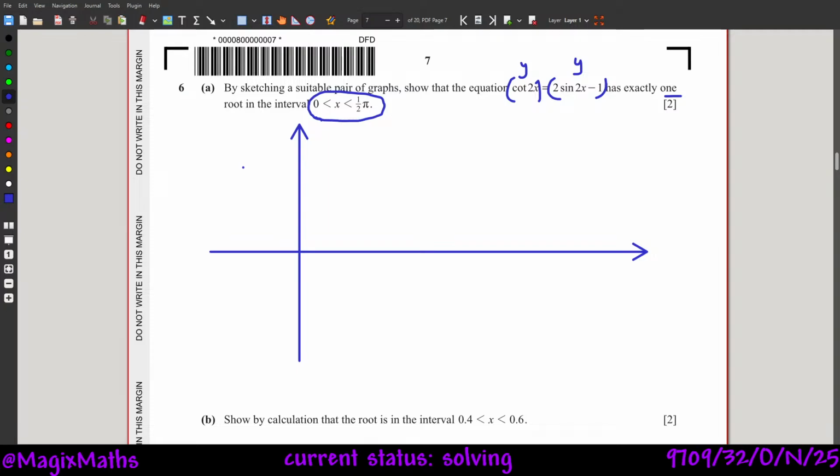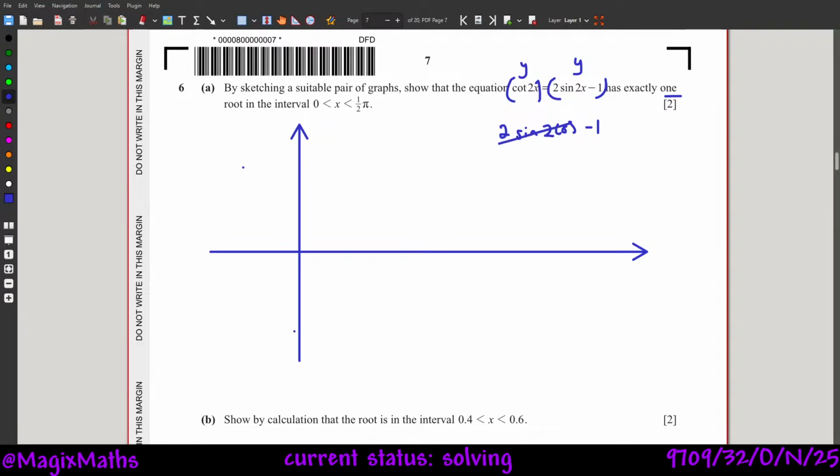So we have 2 sine 2x minus 1 within this. So let's have 2 sine 2 times 0 minus 1. Sine 0 is 0, 2 times 0 is 0, minus 1.